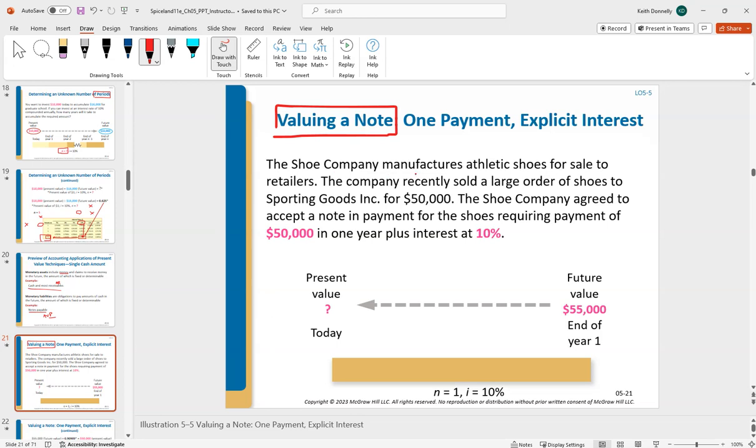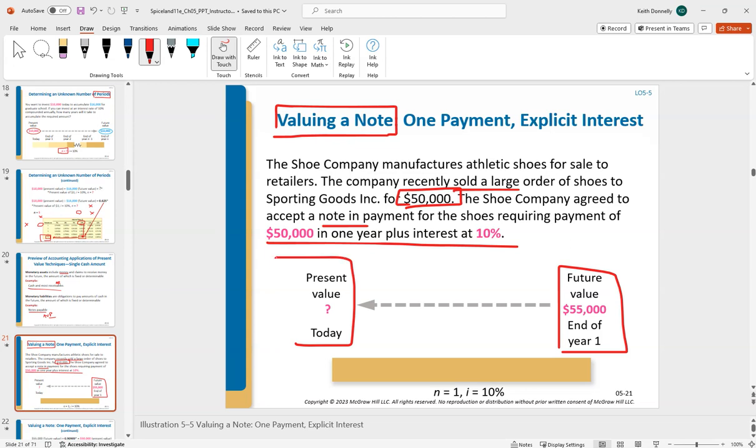So here, the shoe company manufactures athletic shoes for sale to retailers. They sold a large order for 50 grand. It looks like they agreed to accept a note in payment of the shoes, requiring payment of $55,000 in one year, an interest of 10%. What is going to be the present value of that?